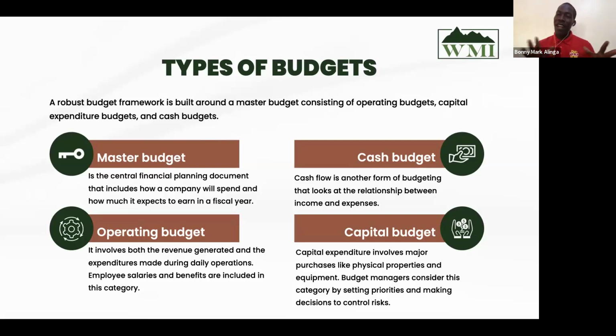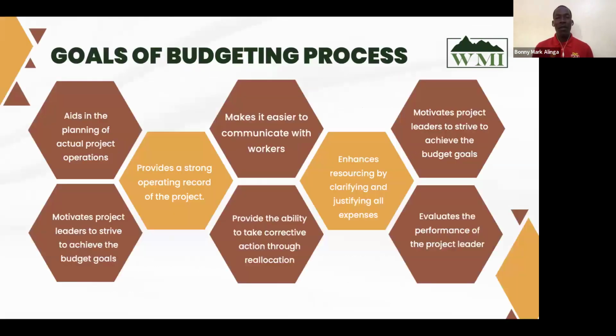And I know that after learning these types of budget, we are now able to differentiate different forms of budget that we have in our daily business operation and running of our activities. So what are the goals of budgeting? There are several, but I'm bringing only a few of these goals, about 8 of them.